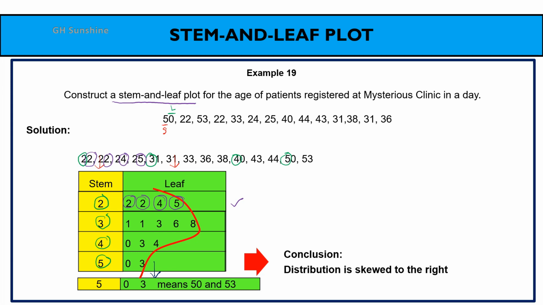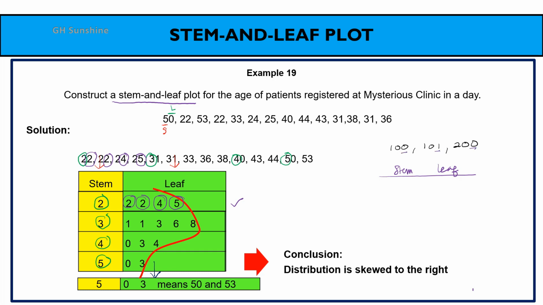Okay, let's look at another example on how to construct a stem and leaf plot. Let's say the data is like this: 100, 101, 200. So here, stem and leaf plot. Stem, leaf. Leaf is always one digit. The last digits here are 0, 1, 0.